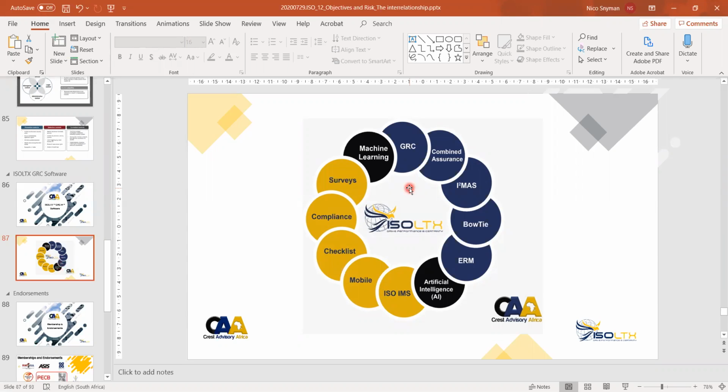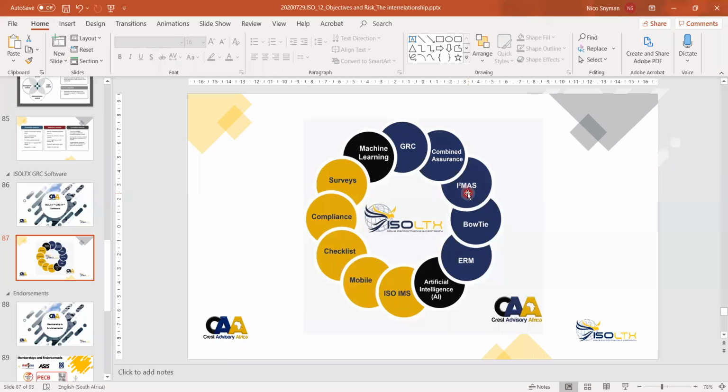So if you're looking at our system, Isolytics, it stands for ISO Analytics. We have brought it together to make a vanilla name, Isolytics, and we have built in a GRC model. GRC stands for governance, risk, and compliance. We've also built in the combined assurance model that works in terms of your GRC.